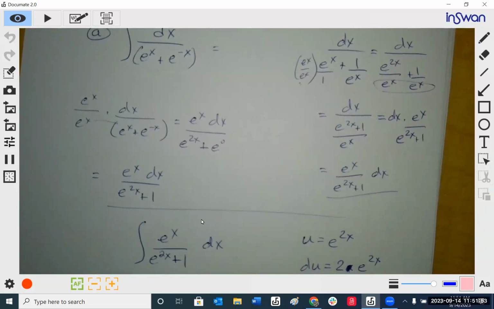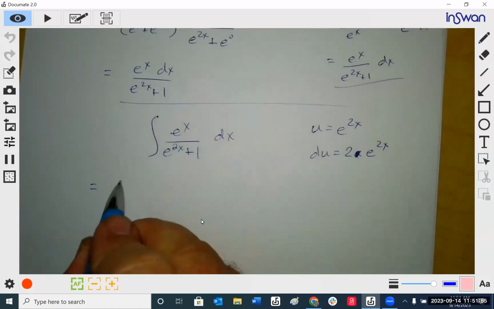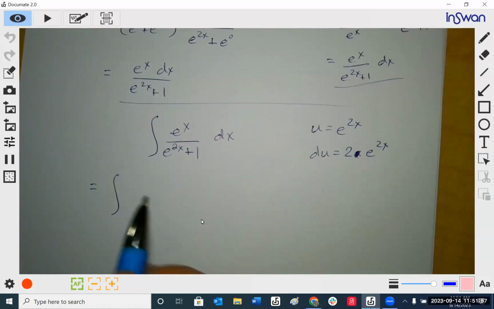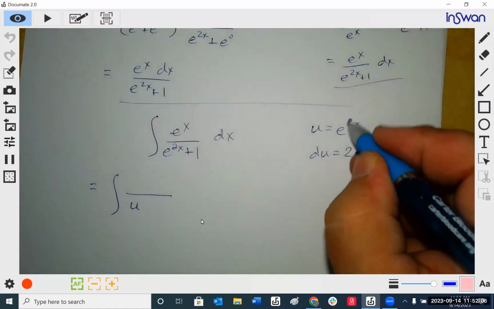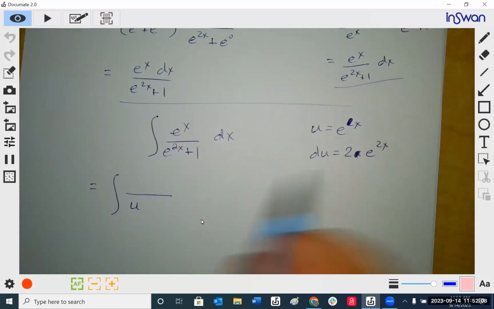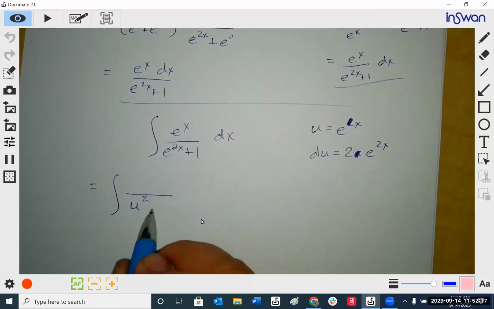So let's see what we have here. We have the integral of e to the x over e to the 2x plus 1. We're going to say u is e to the power x, so we have u squared plus 1.